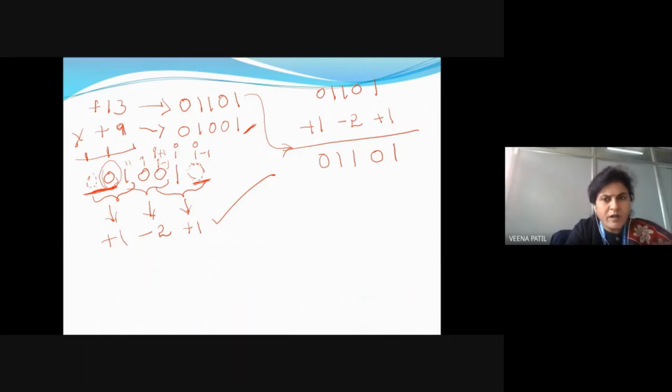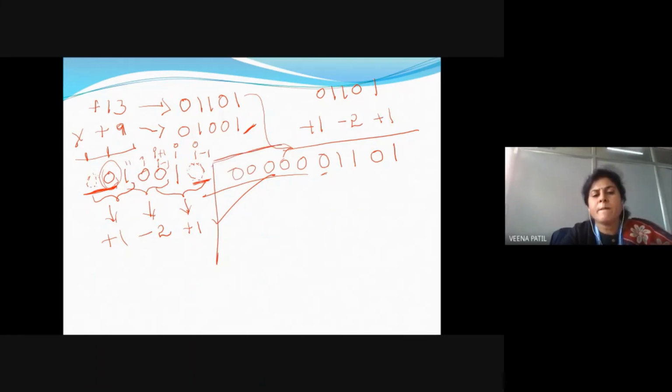And how about the remaining bits? Extend the sign bit. Already 5 bits I have written, and for the remaining 5 bits I have to extend the sign bit. So it will be 0, 0, 0, 0, 0. Is it clear?